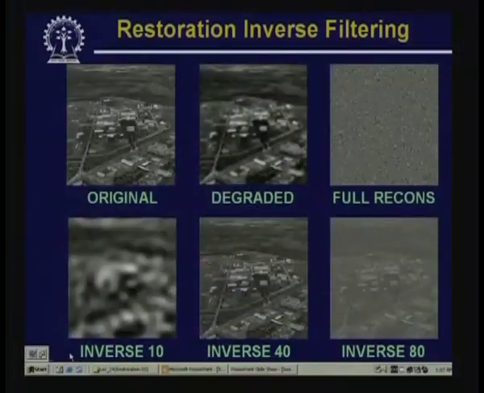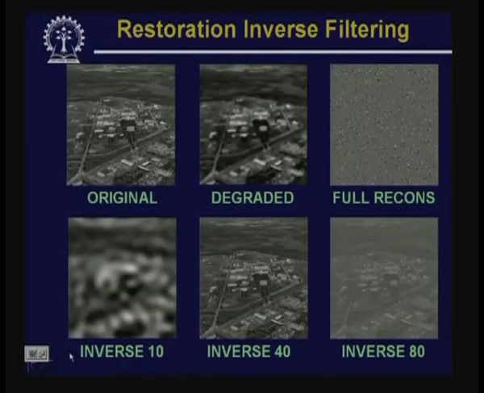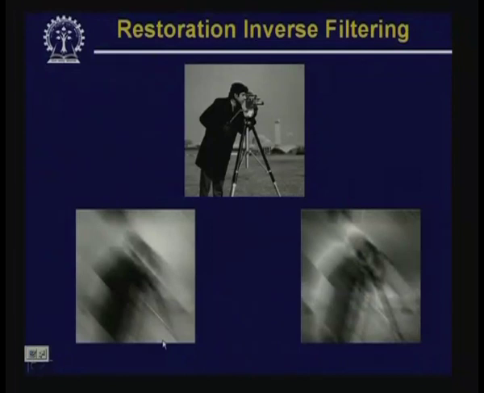Now, though this inverse filtering operation works fine for this turbulence kind of blurring, the blurring introduced by atmospheric turbulence, this direct inverse filtering does not give good results in the case of motion blur. So, here we have shown the result of direct inverse filtering in the case of motion blur.